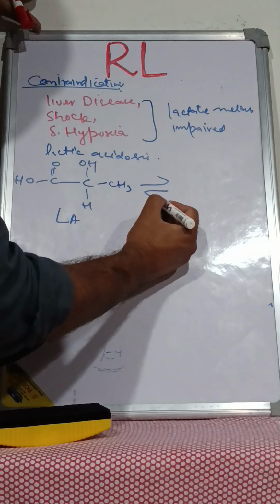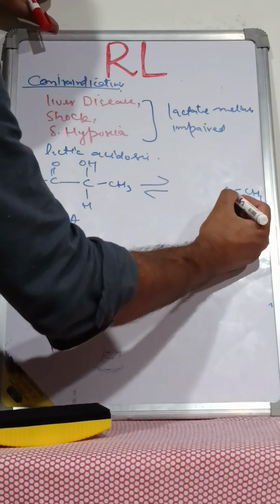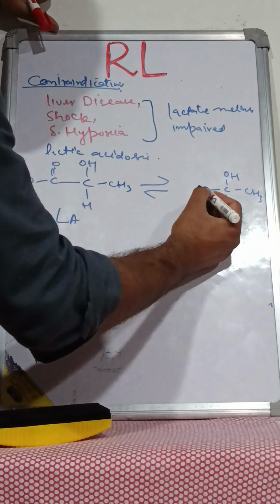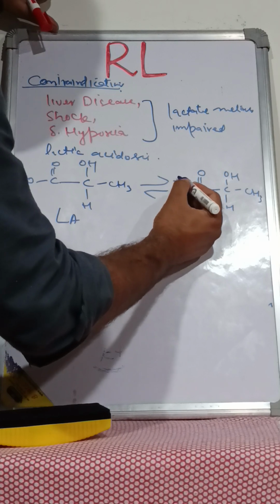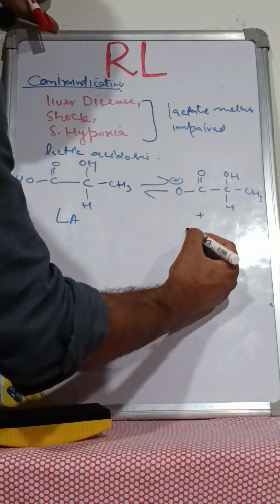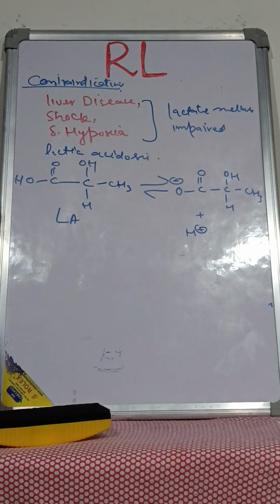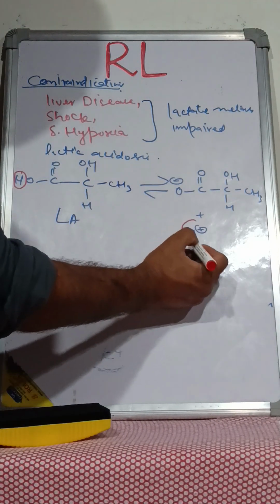It gets dissociated into its corresponding base, CH3COH H single bond C double bond O negative, one negative, plus H positive. This is the proton which it has released in the solution.